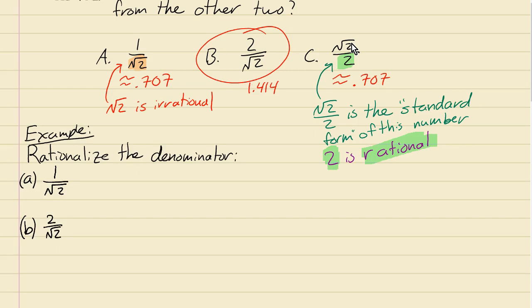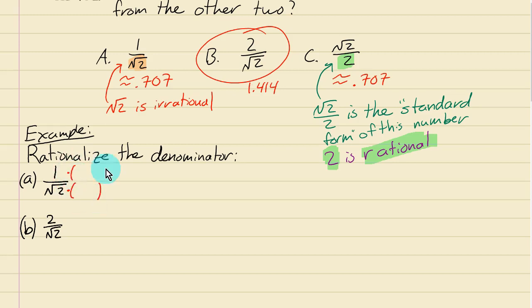With this example, we'll start with these two that have irrational denominators, A and B, and see how to write them in their standard form with a rational number in the denominator. So what we want to do is multiply both top and bottom by something.